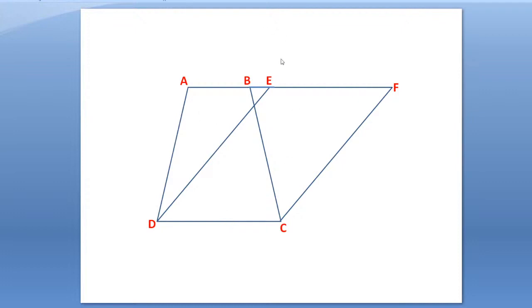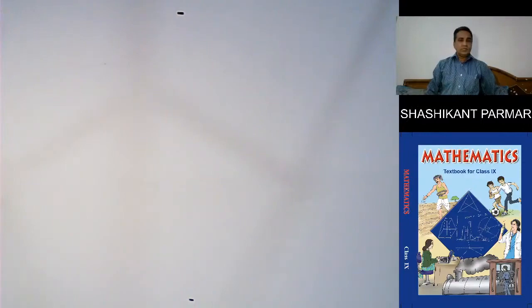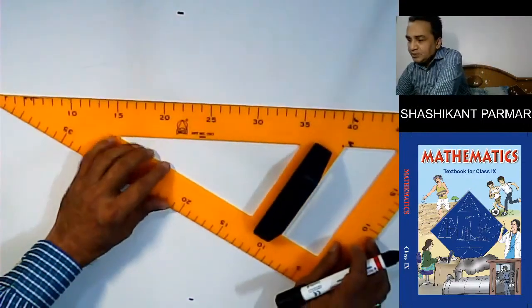In other words, the line AF is parallel to DC.